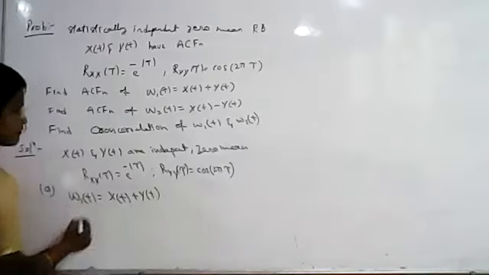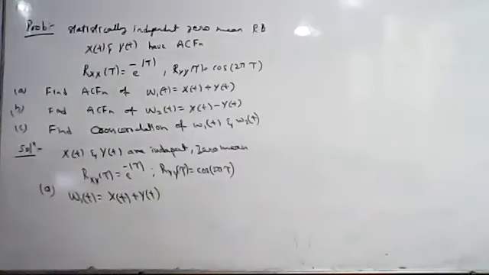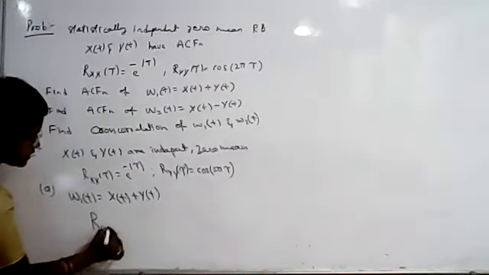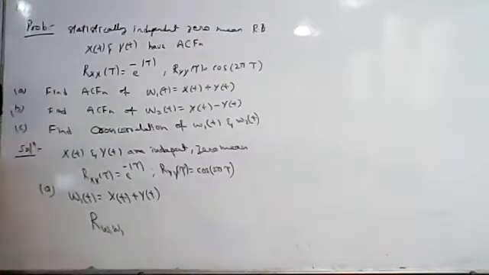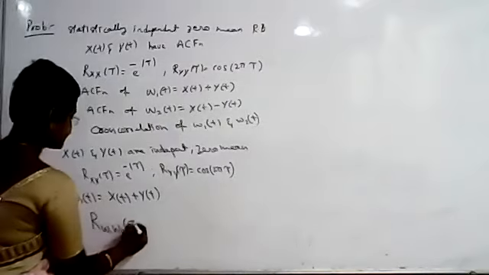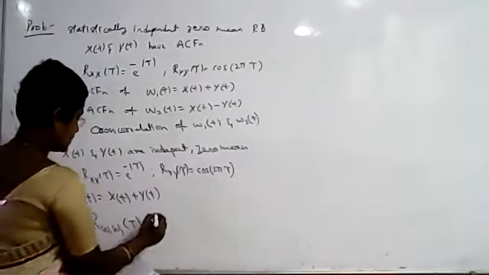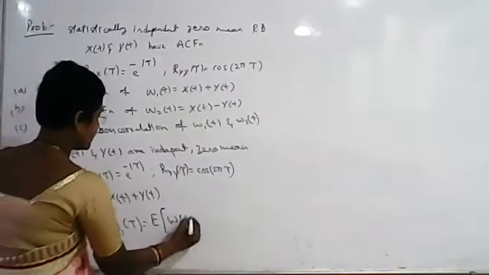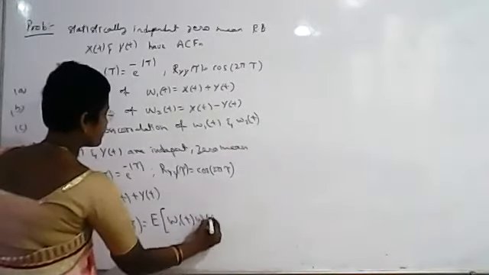Now we have to find the autocorrelation function of omega 1 of t. Can you tell me the formula for autocorrelation? Because we are using the same random process here, it is the expected value of omega 1 of t into omega 1 of t plus tau.